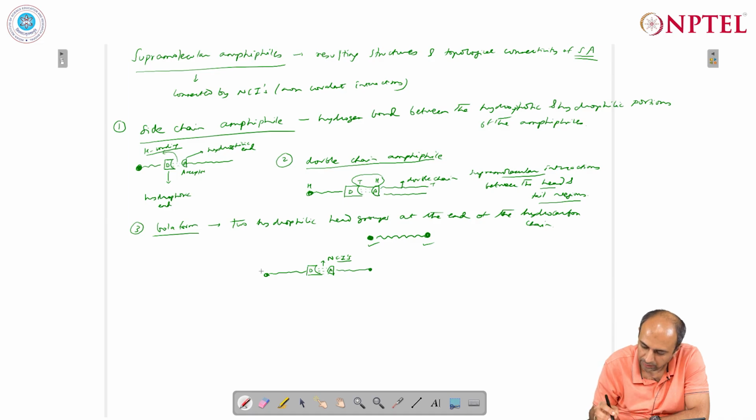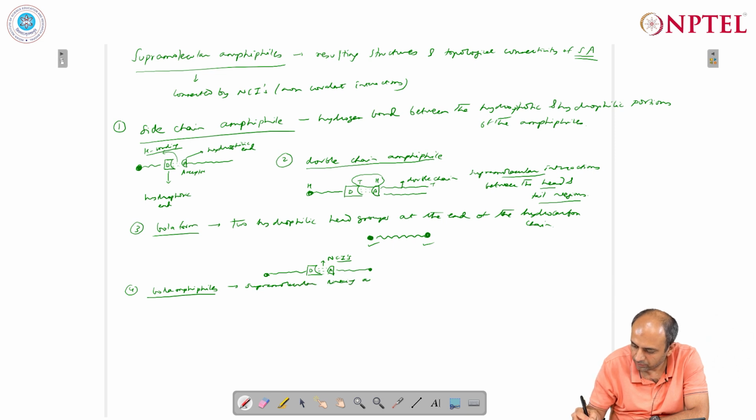And when such an association takes place, these are referred to as Bola amphiphiles. The Bola amphiphiles, they constitute a supramolecular linking arrangement, a supramolecular connectivity.